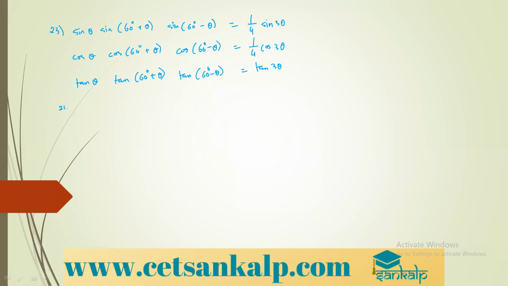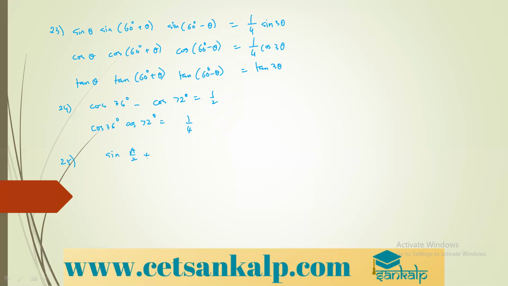Okay, next formula is cos 36 degrees minus cos 72 degrees is 1 by 2. Similarly, cos 36 degrees into cos 72 degrees is 1 by 4. Next, some formulas can be written like this.